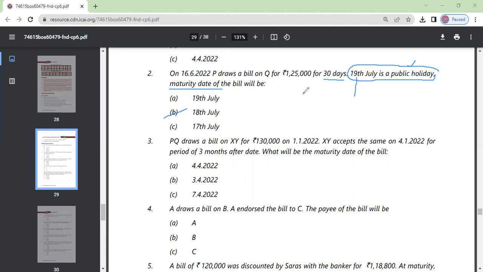It will be the next day, the succeeding day, so then 20th July is the maturity date. In this question, 19th July is a public holiday, so the maturity date will be the preceding day. What is the date before 19th July? 18th July. Done.